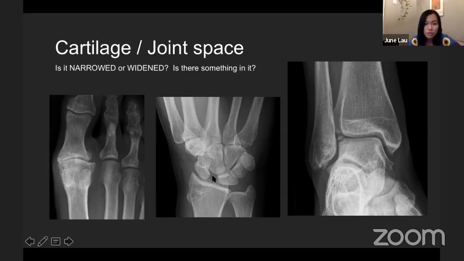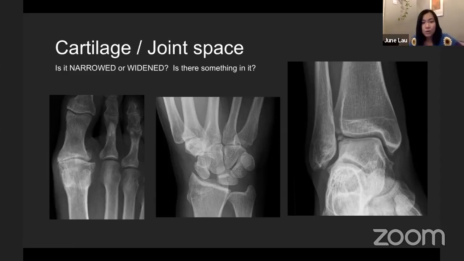If I can convince you, this joint space here is much wider than this joint space here. This is obviously more concerning because joint space widening is often caused by rupturing of ligaments. And in this case, yes, there's a rupture of ligament between these two carpal bones.